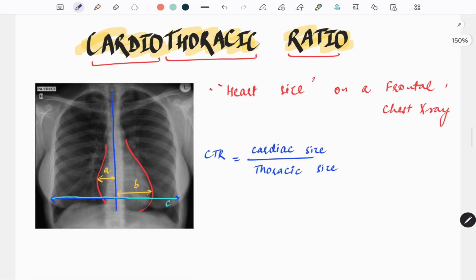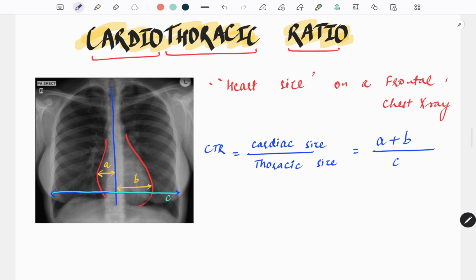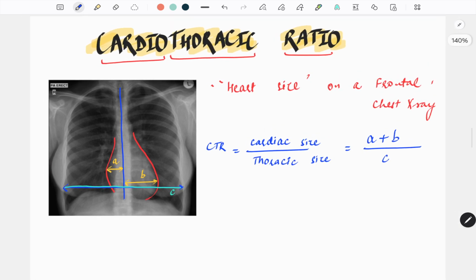What would be the cardiac size here? The cardiac size would be A, the right-sided heart size, plus B, the left-sided heart size, upon C, the whole transverse diameter of the thoracic cage.